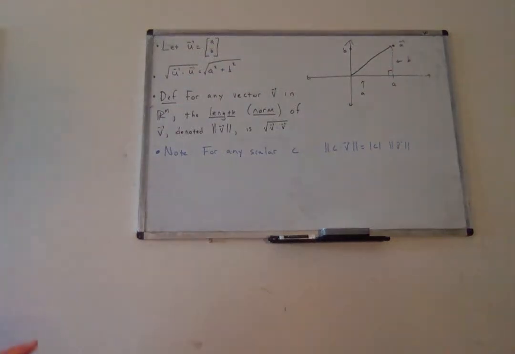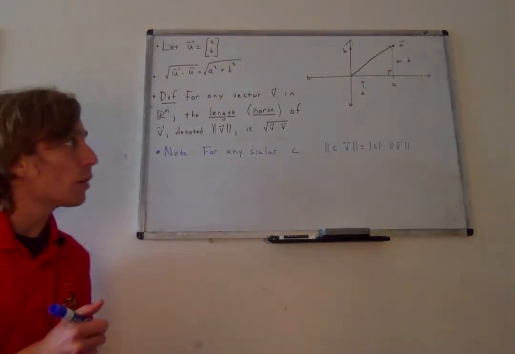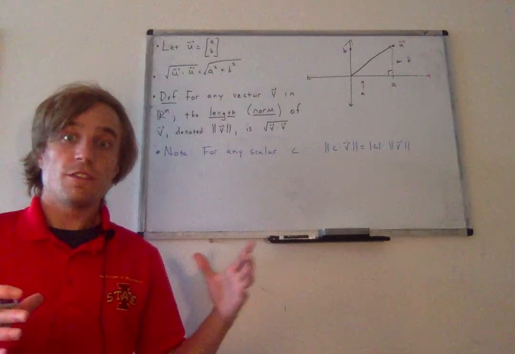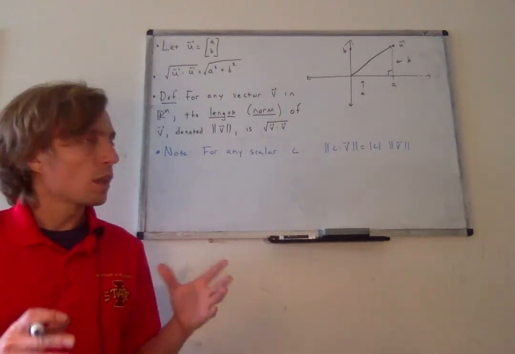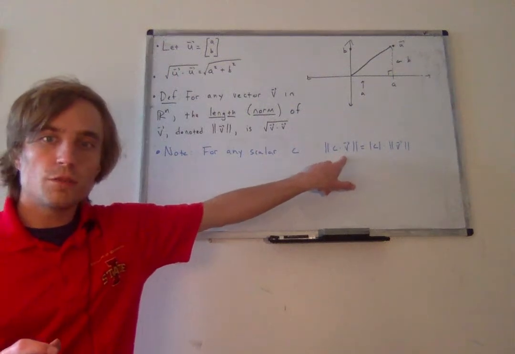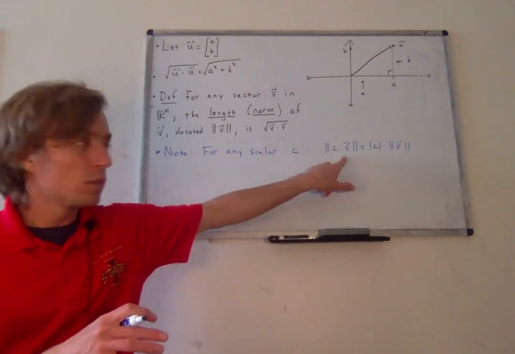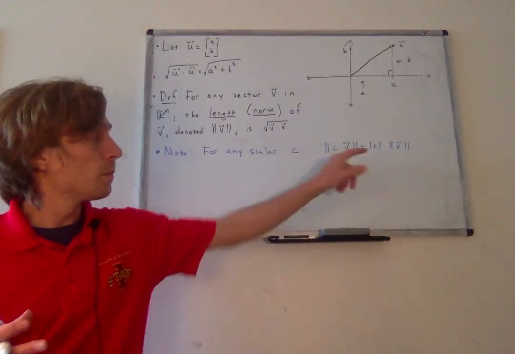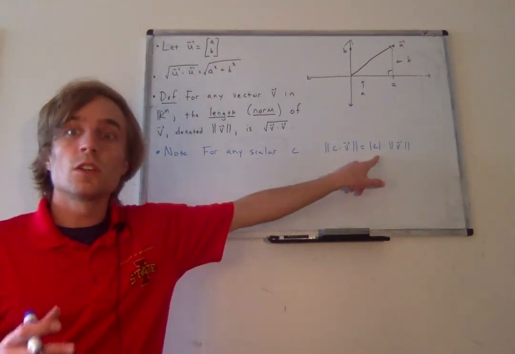And so in this way, we can factor scalars out of the norm. What this is saying is that if I scale all of the entries of my vector by the same constant, right? So let's say c was equal to 2, and I double all of the entries in my vector, the length of my vector also doubles.